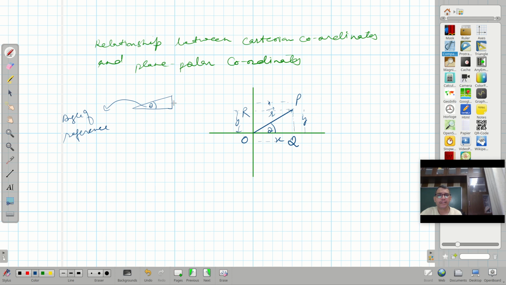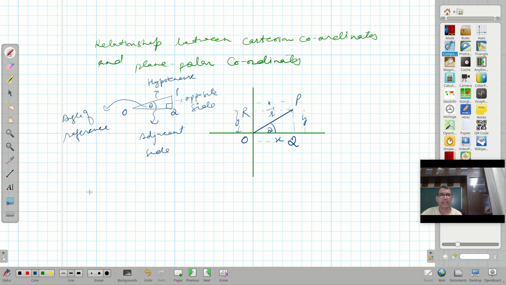This is 90 degrees, and the side opposite to 90 degrees is known as the hypotenuse. The side adjacent to theta is known as the adjacent side, and the side opposite to theta is always known as the opposite side.